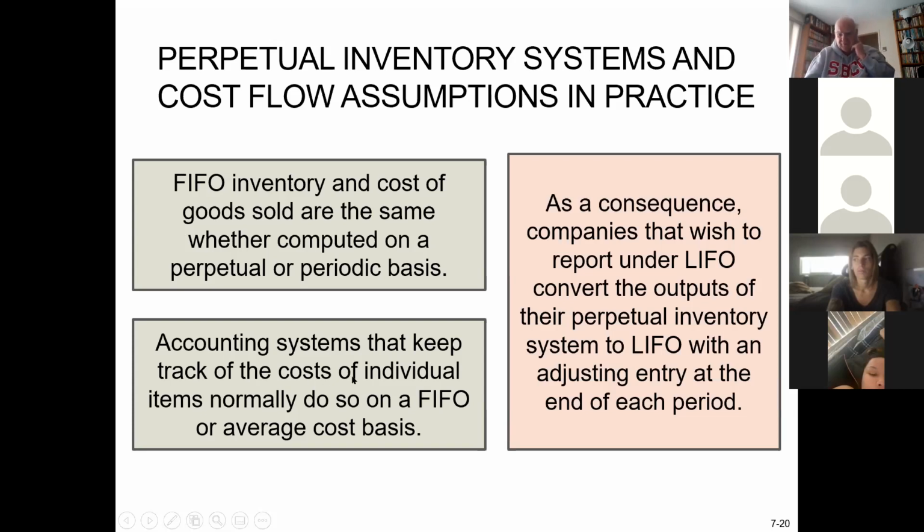They're easier to use, okay? FIFO is what most of the world uses because it's logical, it's easy, it somewhat matches the movement of the goods, but not really. As a consequence, companies that wish to report under LIFO convert the outputs of their perpetual inventory system to LIFO with an adjusting entry at the end.